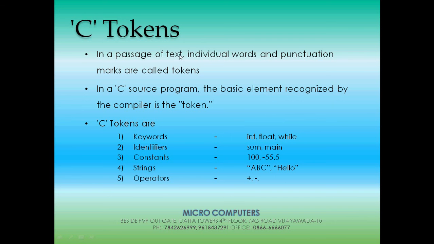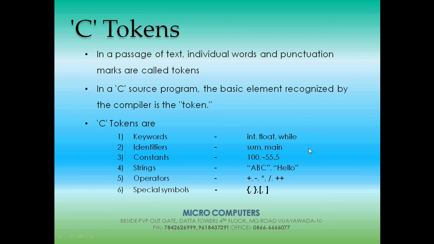As you can see, for keywords, the tokens are like int, float, while. We have 32 keywords. We will learn in further tutorials what keywords, identifiers, and constants are all about. All these topics we will discuss in the next tutorials. For this tutorial, you just remember that keywords are nothing but int, float, while, like this.